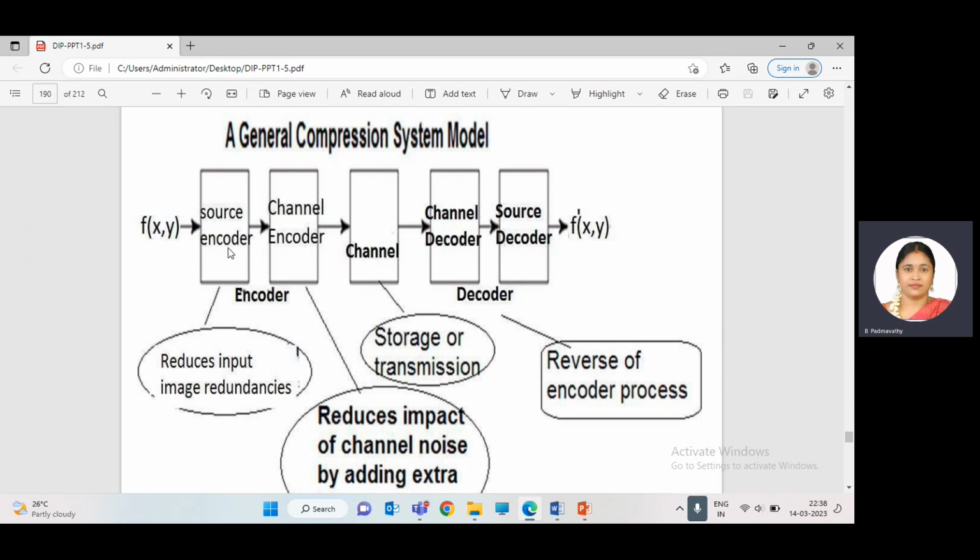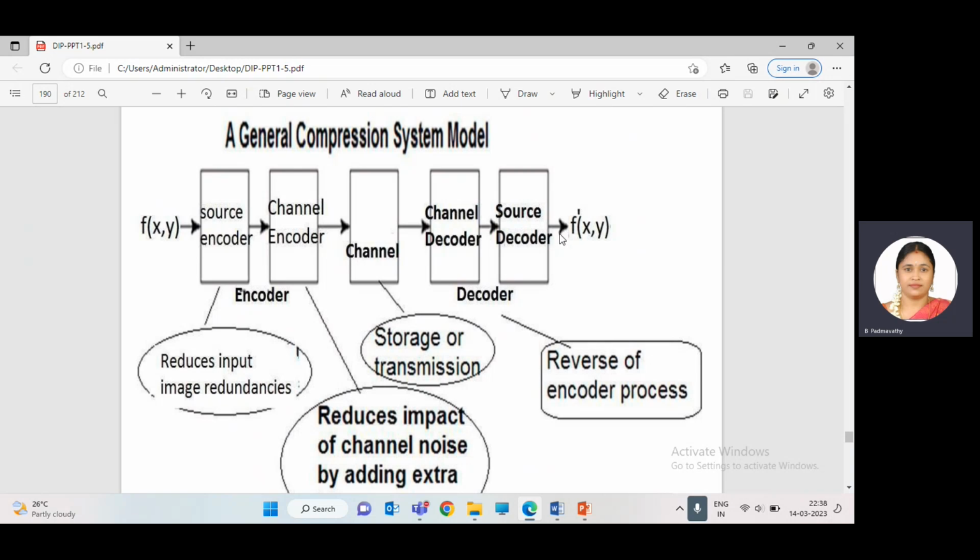The compressor reduces the size to 512 by 512. That means it reduces it to half the size, then it transmits over the channel, and then does the decoding process.